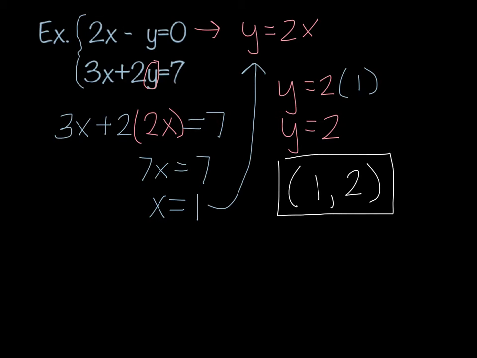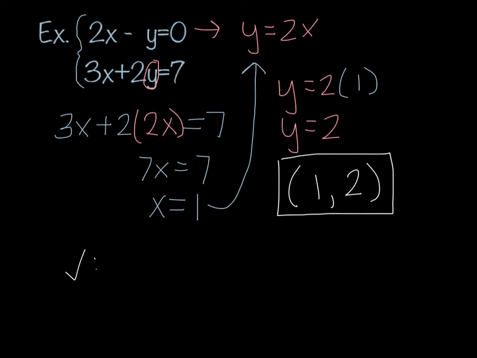Now how can we double check if this works? We can plug it into the equation we did not use. Notice right here we used the first equation when we solved for y. Well, we can go ahead and plug both these values, 1 for x, 2 for y, into the second equation to do a check step.